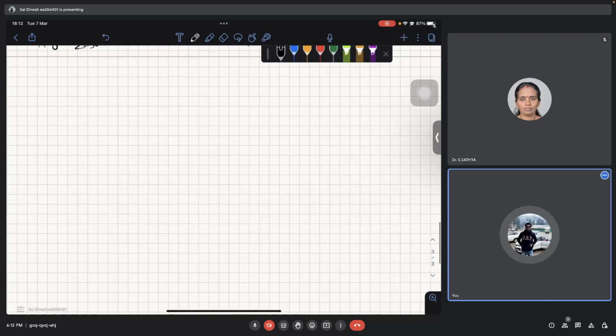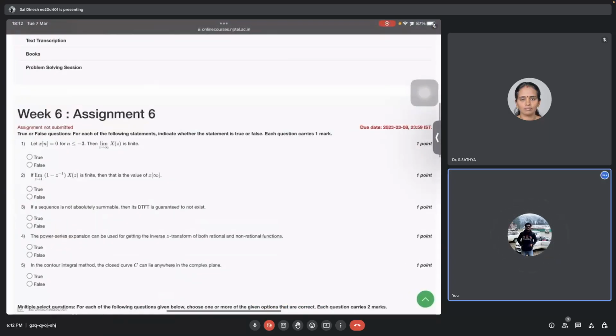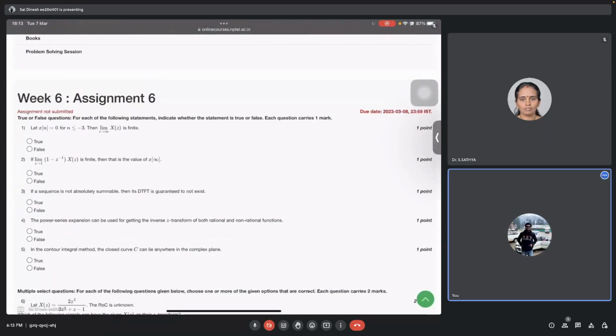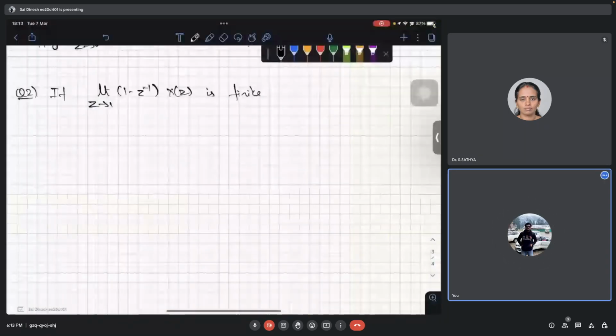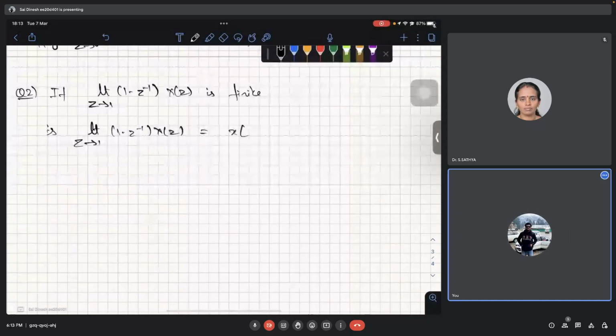Okay, so let's do question 2. It says that if the limit as z tends to 1 of (1 minus z inverse) x of z is finite, then what is the value of x infinity? Is the limit as z tends to 1 of (1 minus z inverse) x of z equal to x infinity?